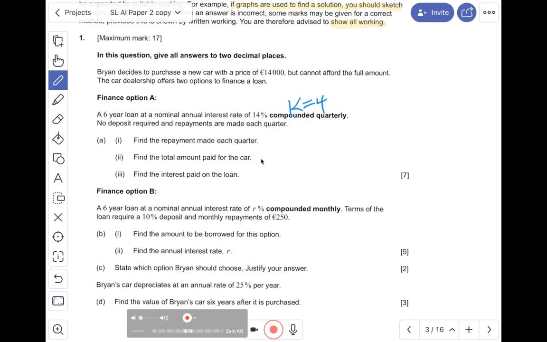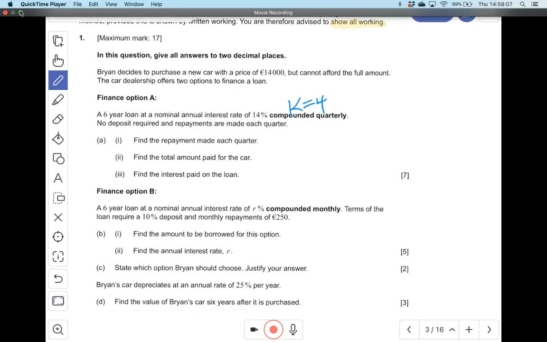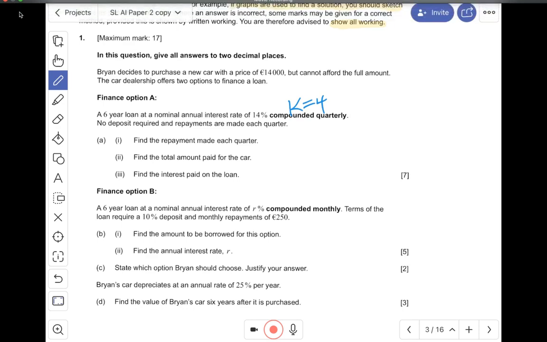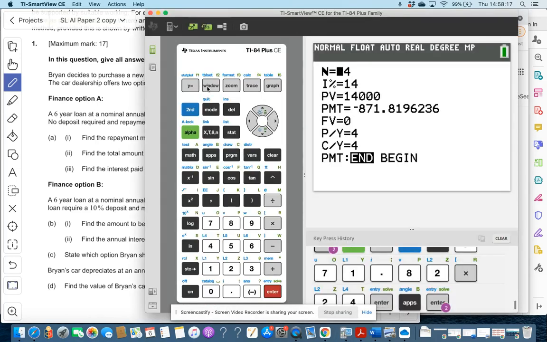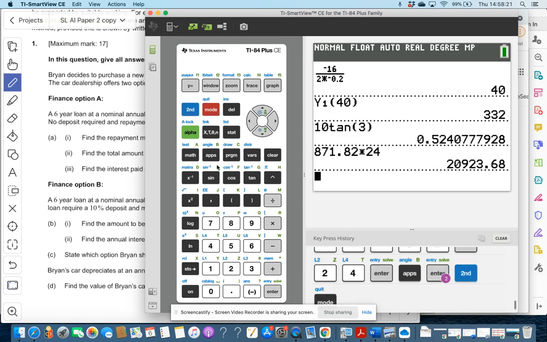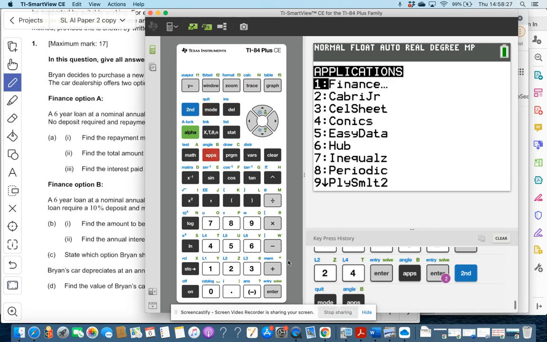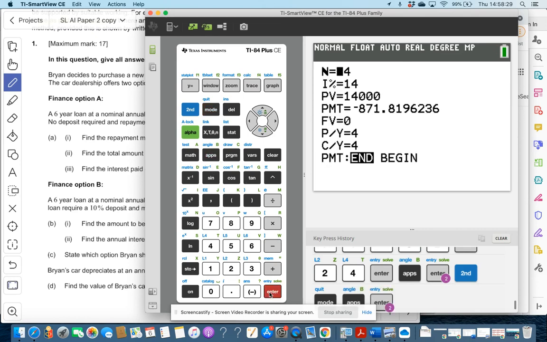All right, so we're going to do this question on the TVM solver, and we have to show our calculator input for the examiner. So I jumped right to it, sorry. Here we go. We go apps, finance, TVM solver, and then these are my inputs for the first question to find the payment.